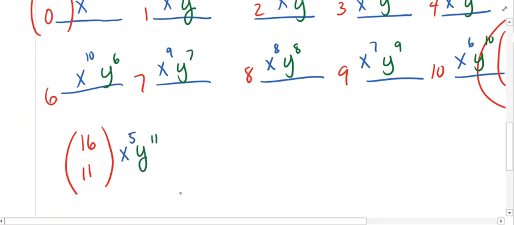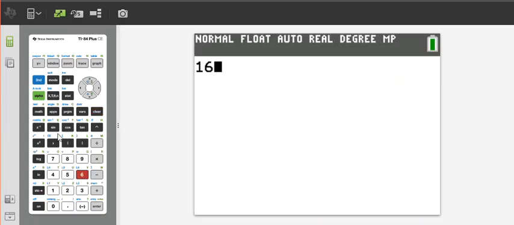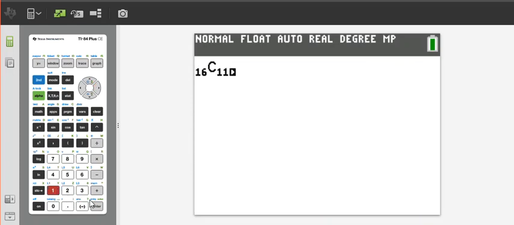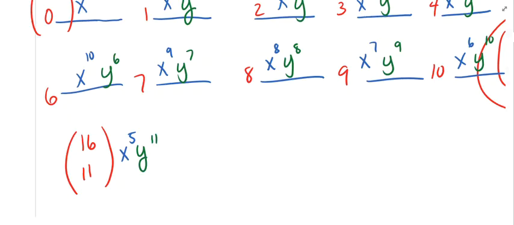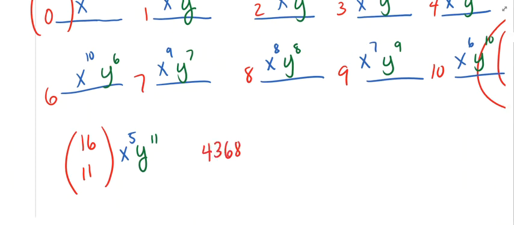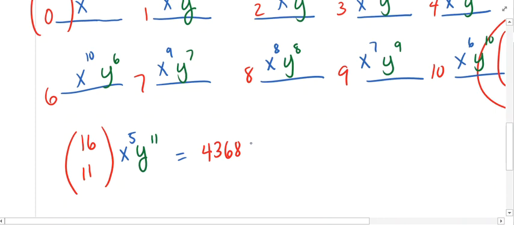I'm going to go ahead and compute the binomial coefficient. If I do 16 choose 11, this is my binomial coefficient, 4,368. This is going to be times x to the 5th times y to the 11th.